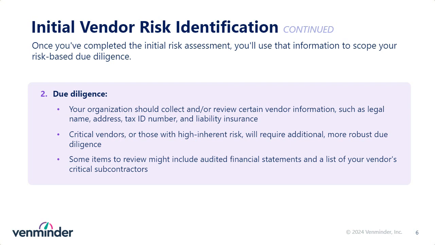There could be several other items within that as well. But this is truly just making sure that vendor is legitimate and exists. Then for those vendors you've deemed critical and those with high inherent risk, you will require additional, more robust due diligence. Some items you should collect and review might include audited financial statements, a list of your vendor's critical subcontractors, third-party audit reports, and much more.